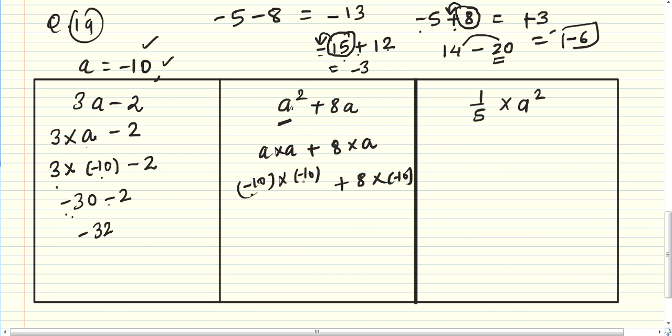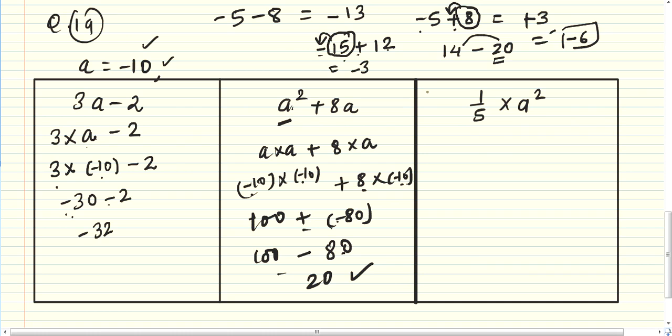Now minus 10 into minus 10 will be plus 100, plus 8 into minus 10 will give you minus 80. Now if you remove this bracket, this plus and minus will be minus 80. So 100 minus 80, 20. So 20 is your required answer.